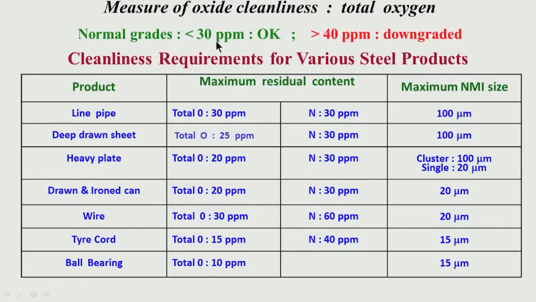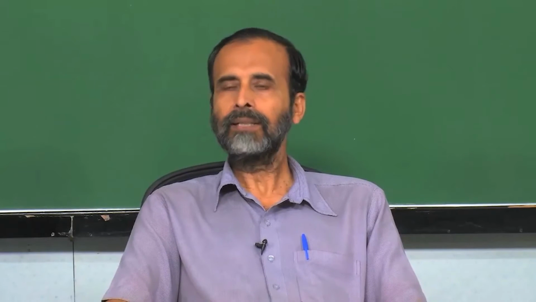Now, in normal grades of steel, which are not very stringent, if the total oxygen is less than 30 ppm, we usually think that the steel is okay, that means the quality will be relatively okay, this will pass the test for the normal applications of steel. So, we tell this is relatively okay quality of steel.